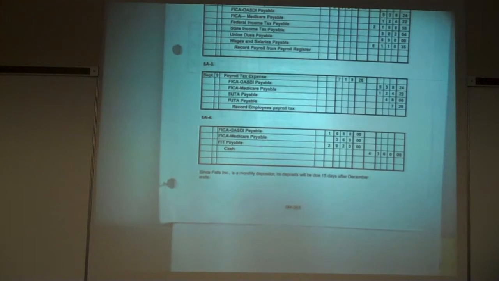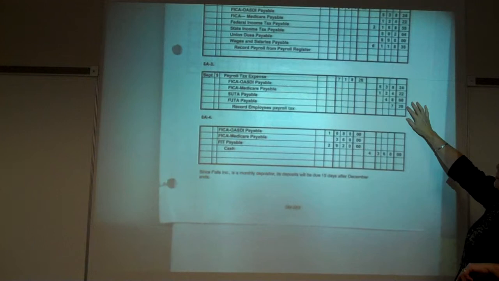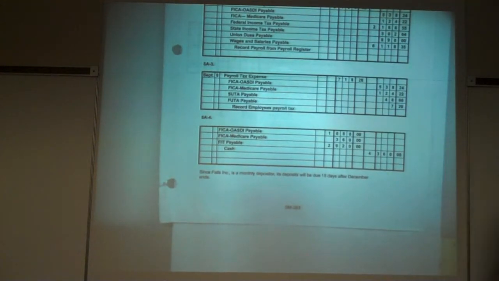So this transaction is to record the payroll taxes. It records the employer's payroll taxes, and who is responsible for this? The employer, okay?